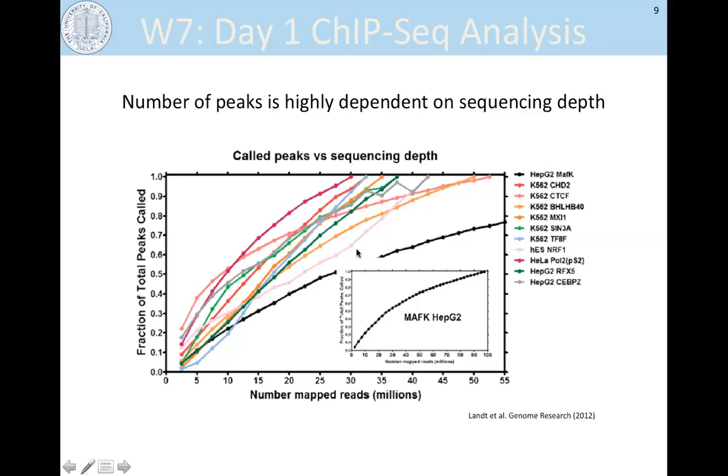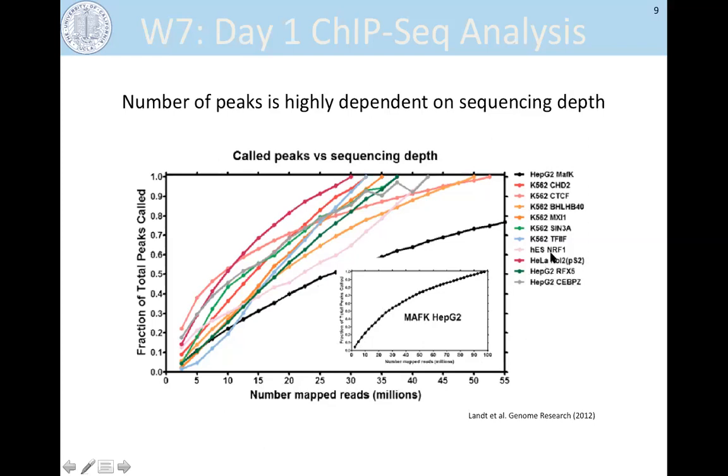You would think that eventually it would level out, but for one of the samples, they went up to even 100 million mapped reads, which is typically much more than you would need. And the curve is flattening a little, but it's not completely flat. So who knows how many more peaks you could call with increased sequencing.